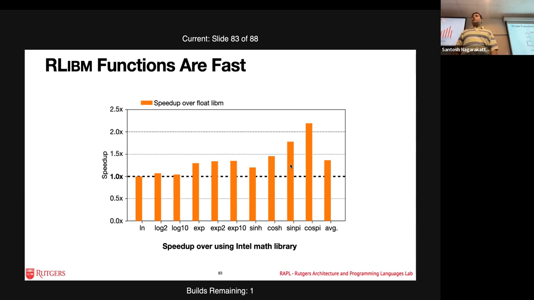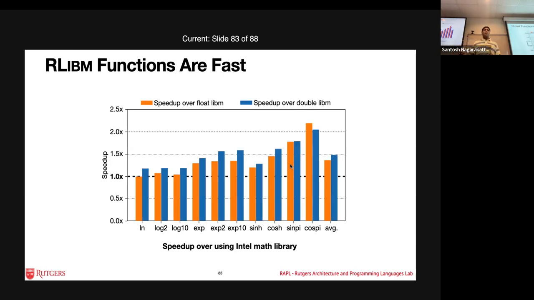Intel's functions produce like 500 million wrong results for 4 billion inputs. In contrast, we are fast and also correct. And if you use the double library that Intel has, it's slightly more accurate than the floating point library, but still produces like 100 million wrong results. And we are still faster by 50%.